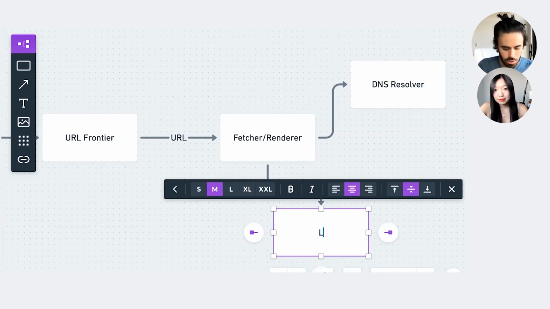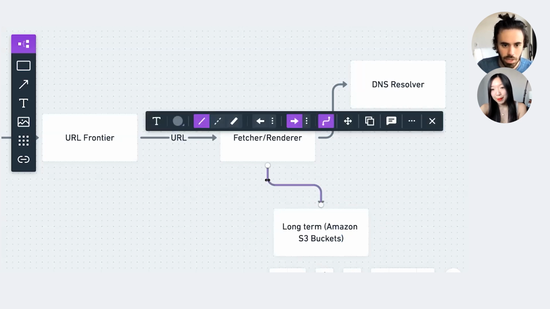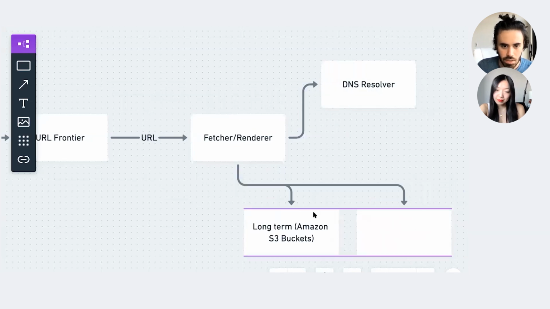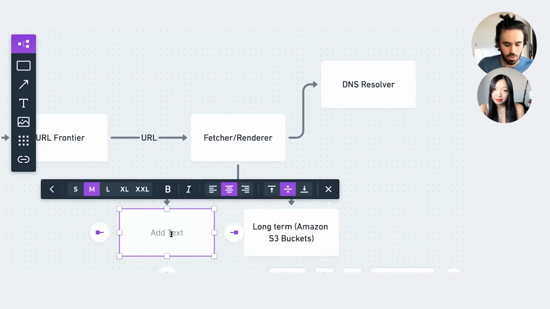So I'll call this long term, and we can just put a placeholder like Amazon S3 buckets. In addition to that, you're exactly right, and we definitely need some short-term storage. For that short-term storage, I think Redis will probably work, like some sort of cache.